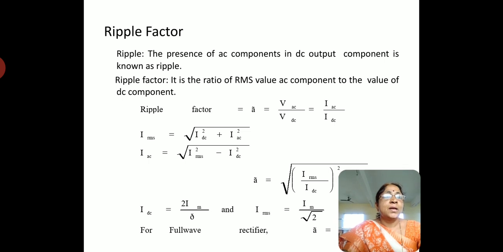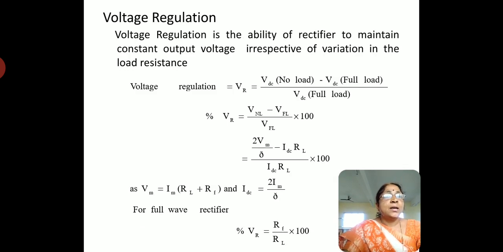Now, let us see the voltage regulation. The voltage regulation is the ability of a rectifier to maintain constant output voltage irrespective of variation in the load resistance. So how much the voltage is to be regulated.